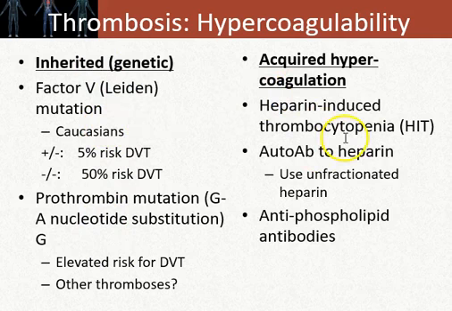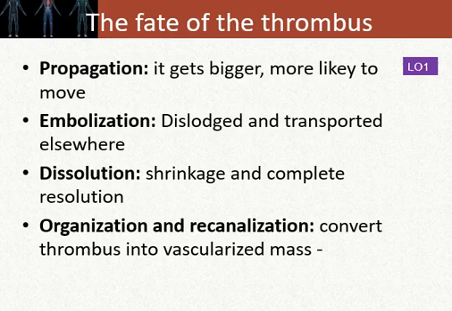So certain drugs can induce a hypercoagulated state, and autoimmunity to various proteins, autoimmunity to heparin molecules, and autoimmunity to certain phospholipids can produce these acquired hypercoagulated states. And so the outcome is the same: blood is too thick. And so central to this blood being too thick are the formation of these thrombi or clots.